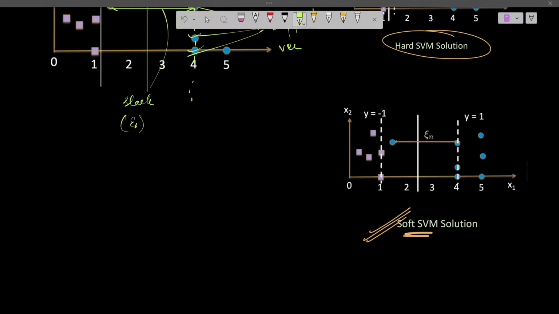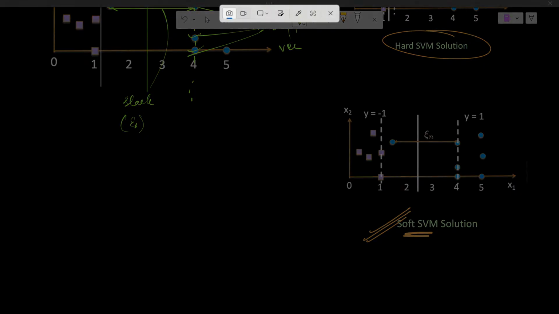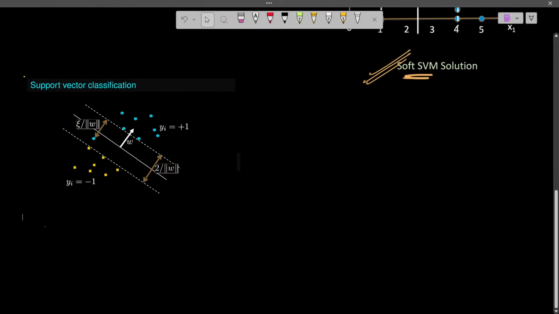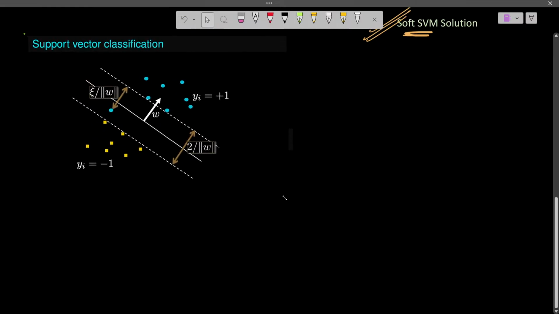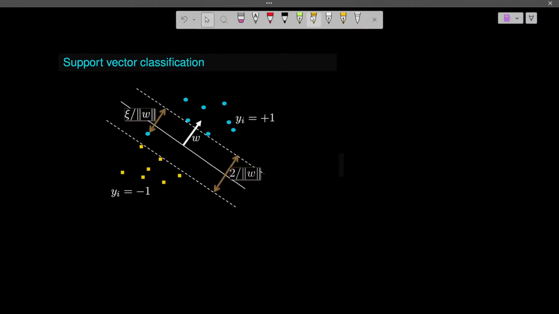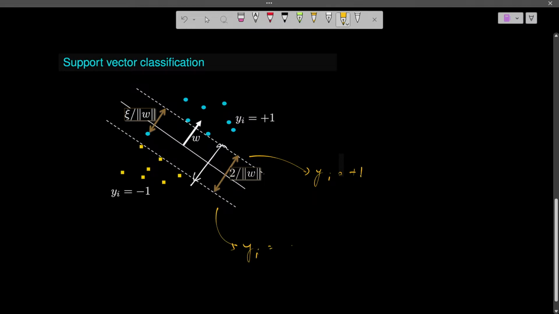Okay, so now let's see support vector classification, some general formulas which we should have by heart. From the two margin boundaries, let this be yi equals plus 1, and let's say this is yi equals minus 1, right?